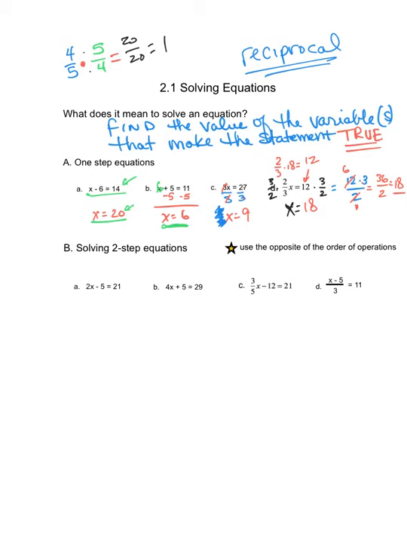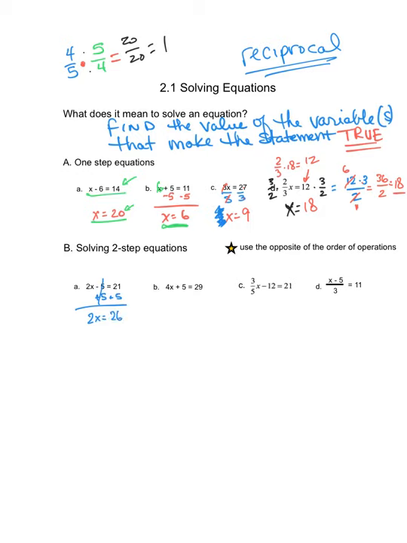So, in this case, ladies and gentlemen, 2x minus 5 equals 21. We have to do the addition and subtraction first. So we're going to add 5 to both sides. Now, negative 5 plus 5 is 0, so we're just left with 2x on the left. 21 plus 5 is 26.